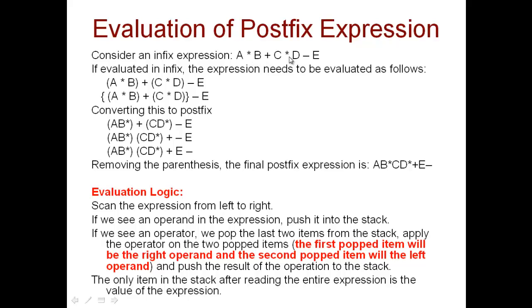So you will do c star d. Whatever the result of a star b, that's one term now, plus another term c star d minus e. So with plus and minus, you will do plus first, so a star b plus c star d, whatever the result of that is, minus e, and then you will get the final value. So that's how we will evaluate this as an infix expression: a star b plus c star d, then do the plus and then minus e.